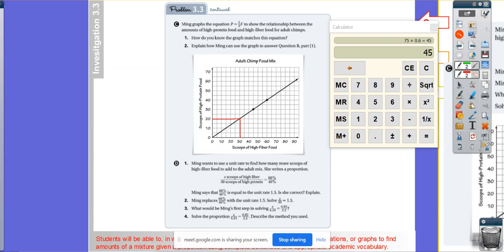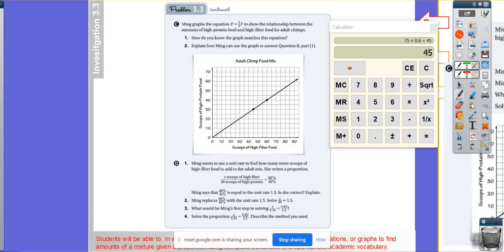Out of curiosity, so the difference going up, we went up 20, we went over 30, and so what you're saying is 20 over 30 is equal to 2/3? Yeah. Okay. Well, wait a second. Is that true for any place that we look on this line?